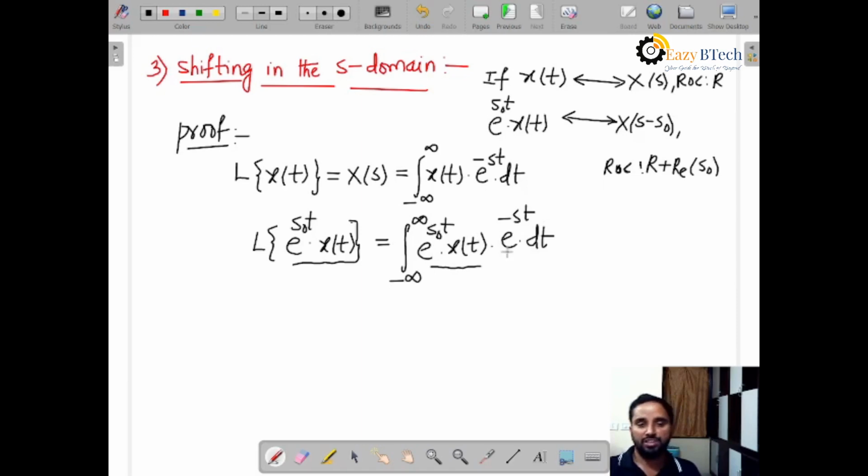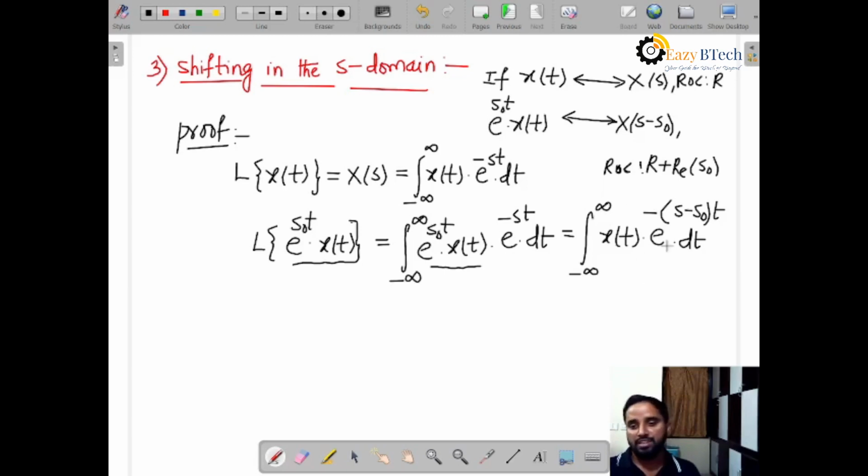So here exponentials are there, we can add the powers. So integral minus infinity to plus infinity x of t into e to the power, and also we can take minus common, s minus s naught, in the power minus common, so s minus s naught into t dt.